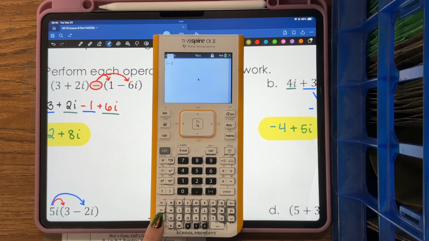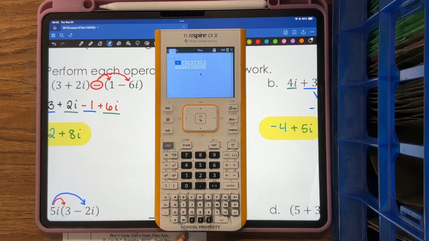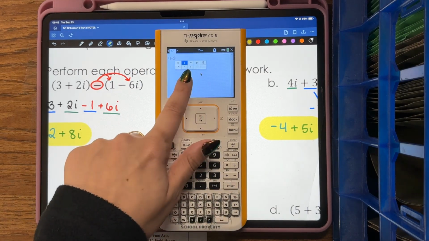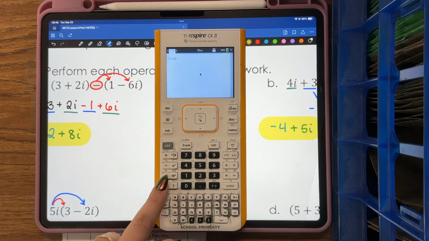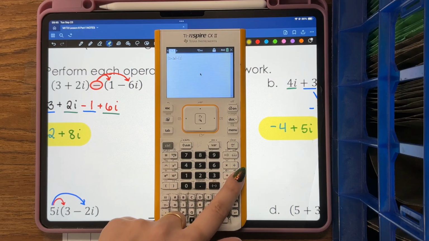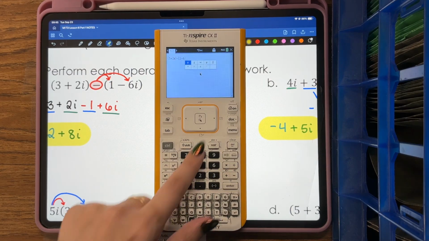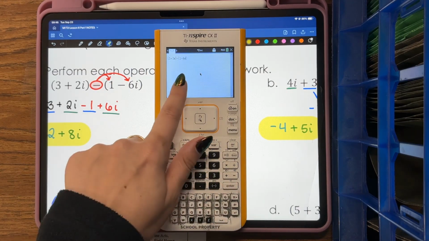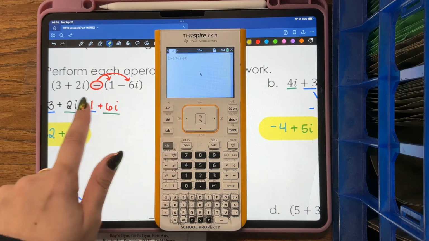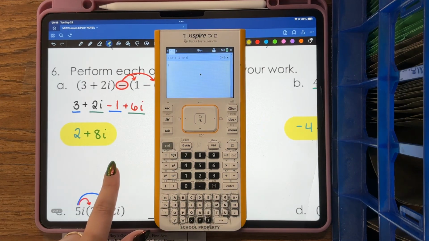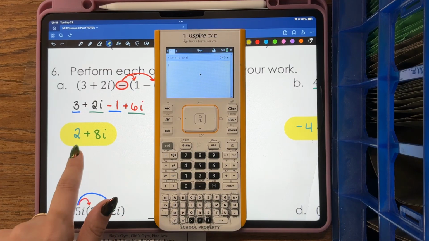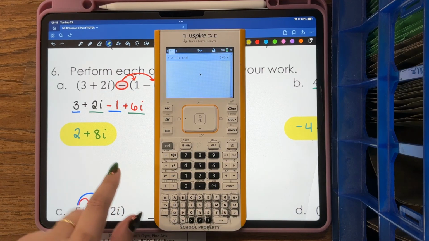Instead, you want to come over to this pi button, press the pi button, and then go over to that i. And we have minus 1 minus 6i, again hit that pi button, go over to i. So then you double check to make sure it's typed in exactly as it's written out. You press enter, and notice that we get the same thing that we got here, 2 plus 8i.